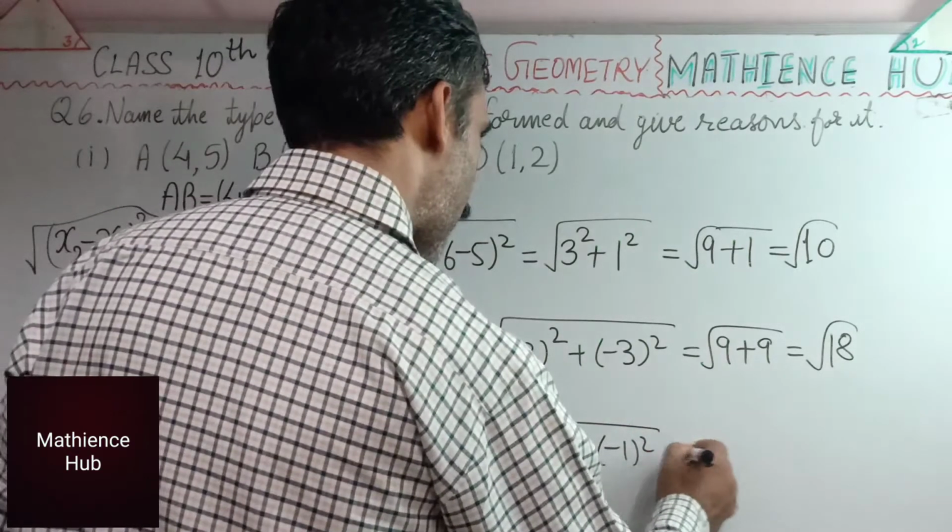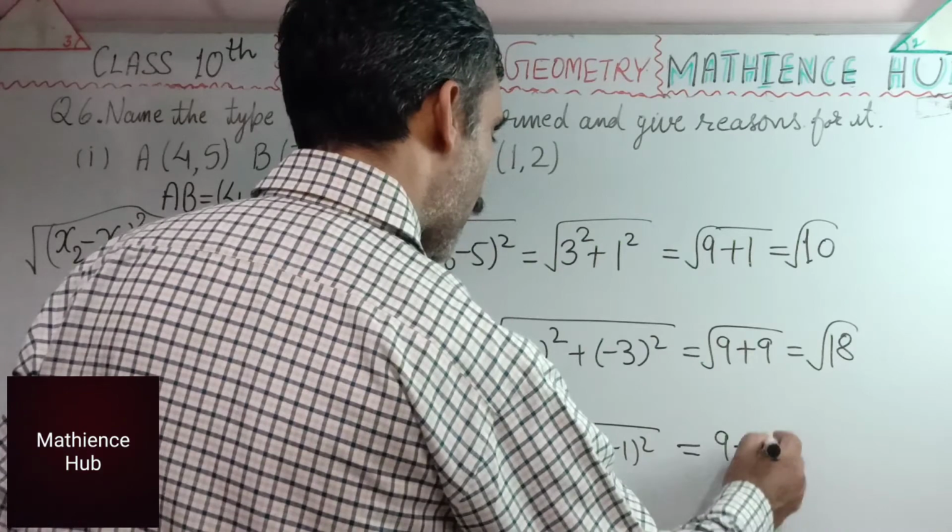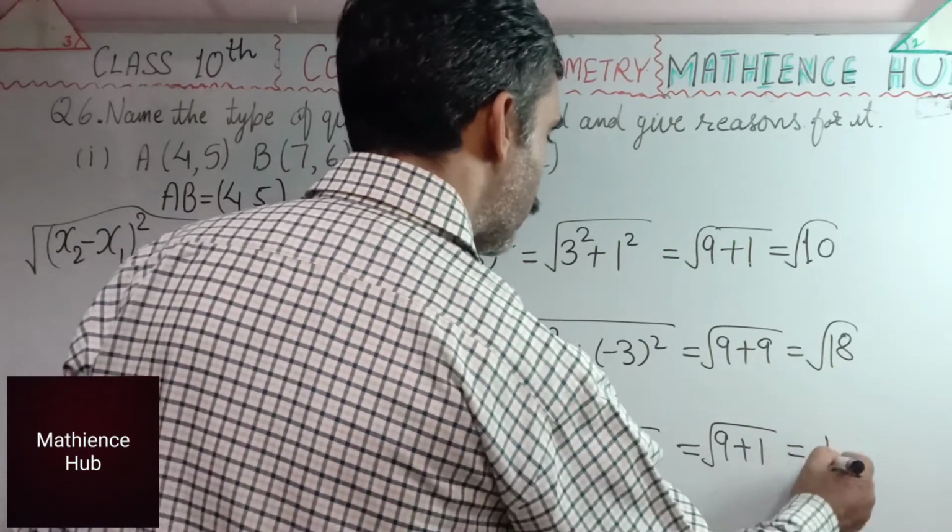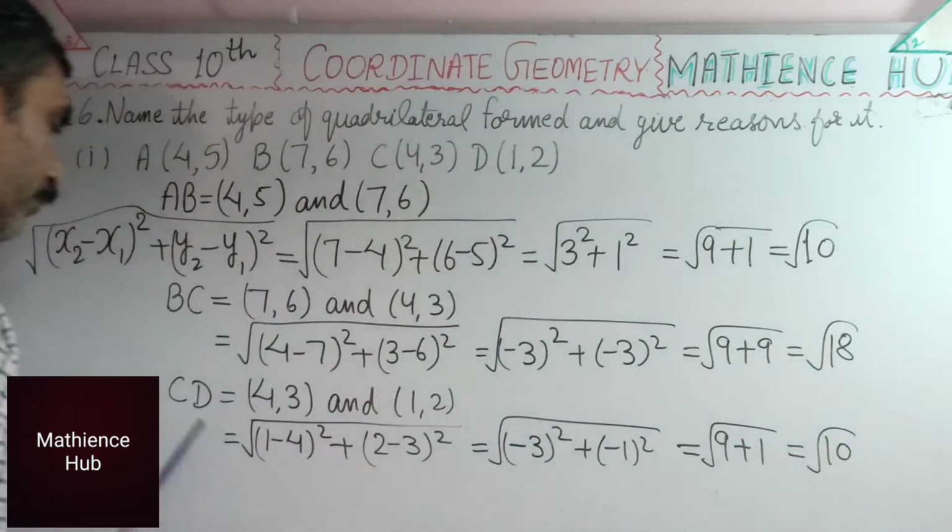Minus 3 square is 9, minus 1 square is 1. 9 plus 1 is root 10.